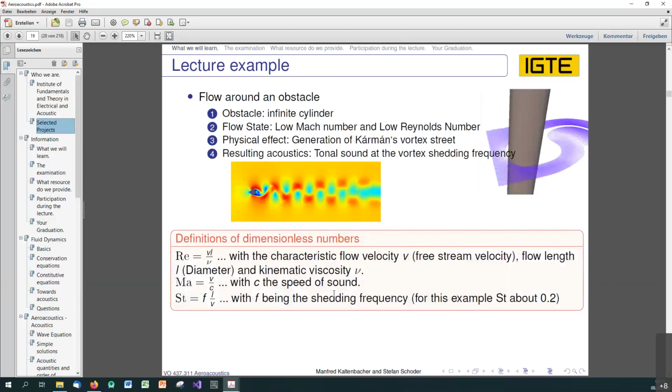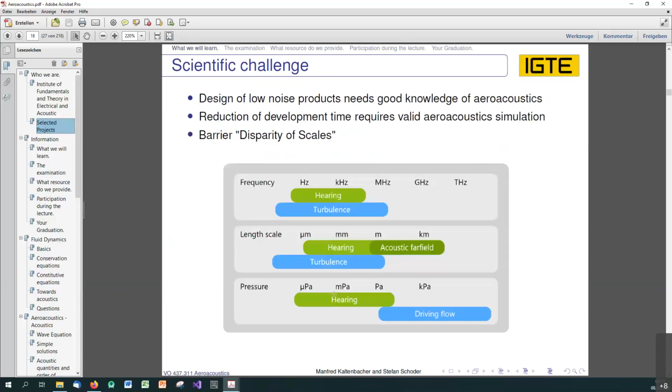Excuse me? Yeah. Can you just explain a little bit why you differentiate at the length scale between hearing and the acoustic far field? Yeah.